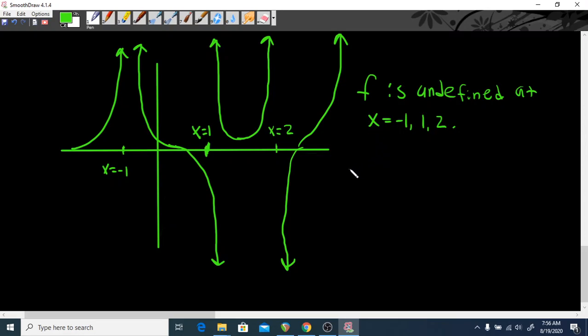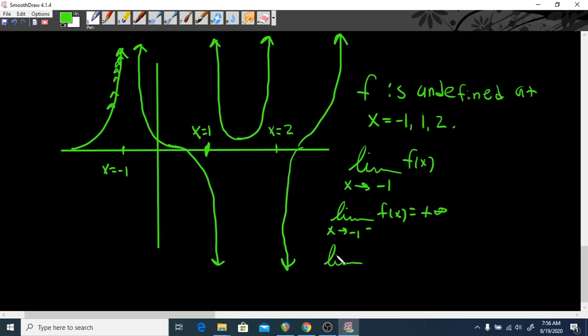Let's look at the limit as x approaches negative 1. Okay, well, if we look at the left-hand limit, if we sketch from the left, and closer and closer to x equal -1, we're going to positive infinity.